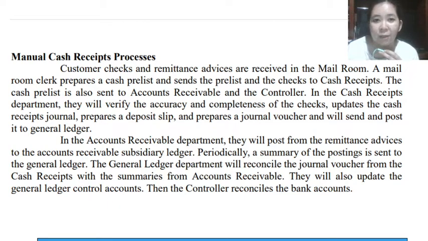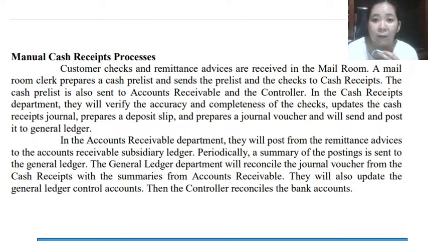In the cash receipts department, they will verify the accuracy and completeness of the checks and update the cash receipts journal. They will also prepare the deposit slip and the journal voucher, and send and post it to the ledger. In the accounts receivable department, they will post from the remittance advices to the accounts receivable subsidiary ledger.